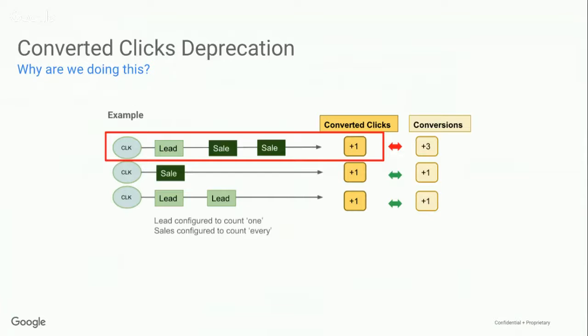There's 1 converted click and there's 1 conversion. On the third example, where there's 1 click and 2 downloads of the catalog, given we've already set that leads are only counted once every click, then we get 1 converted click, and accurately, as we want it to be counted, just 1 conversion.